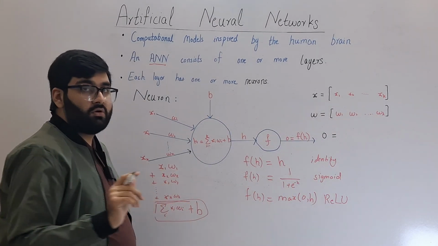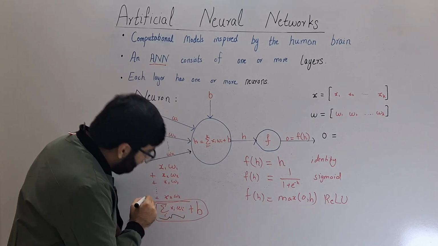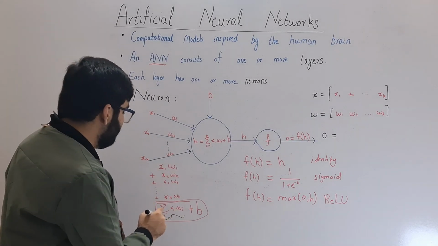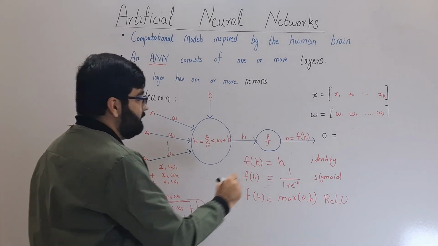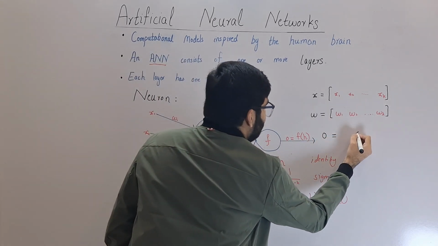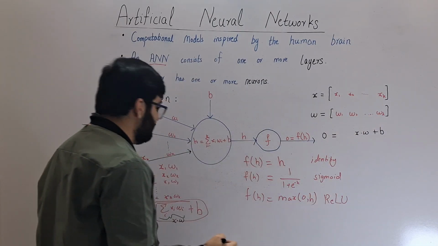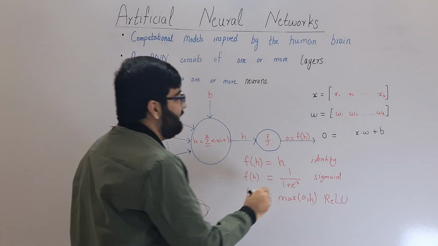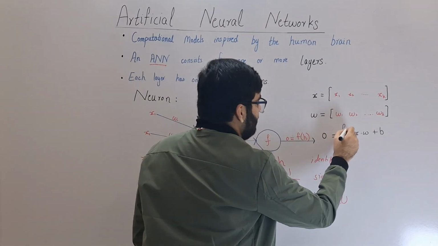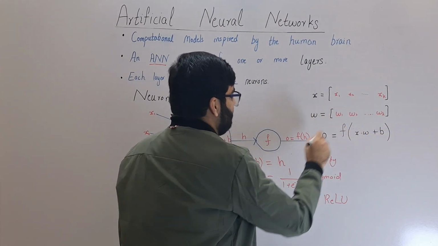And if we look closely, this term is the dot product of the vector x and w. So what if we add the bias to the dot product? We get this. And then apply the activation function, which is f.